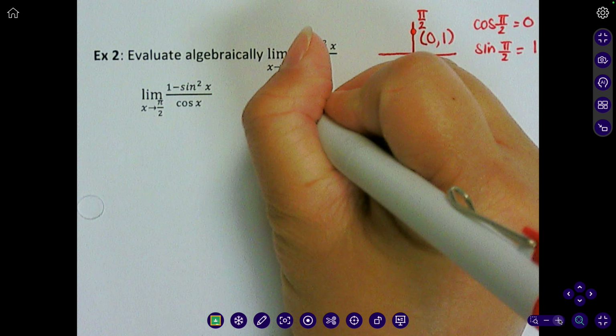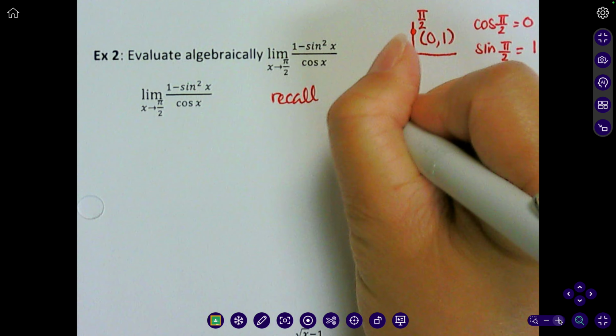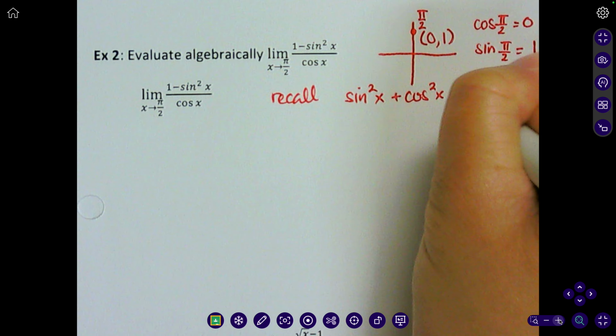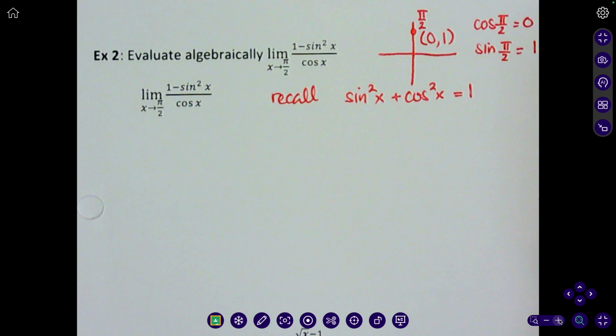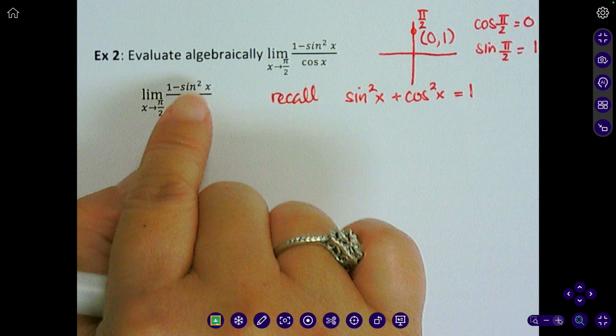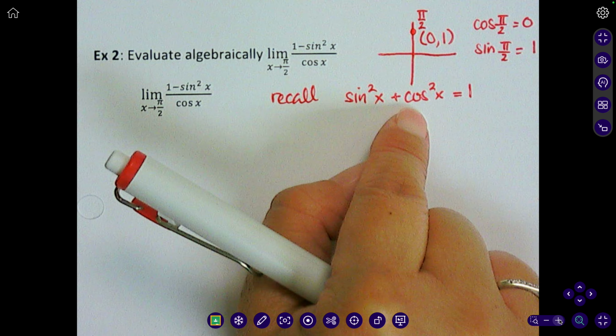Make sure you recall that sine square of x plus cosine square of x is equal to 1. This is the Pythagorean identity. If you don't remember, know that now. So see that 1 right there? I'm going to replace that 1 with sine square plus cosine square.